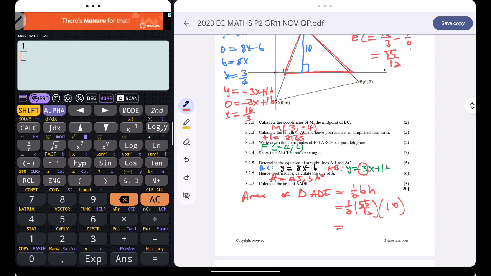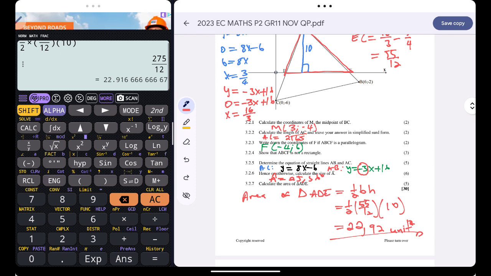So I'll simply say 1 over 2 multiplied by 55 over 12 multiplied by 10. What do I get? 22.92 square units. So that's how I would have found the area of that triangle over there.